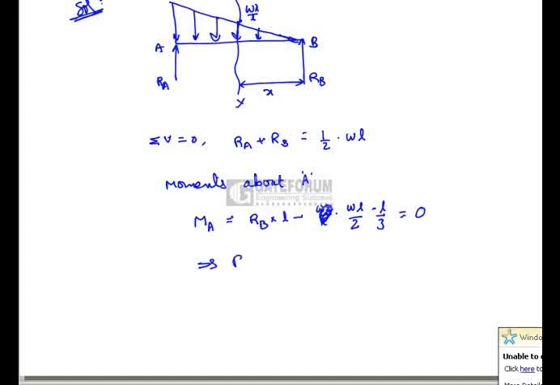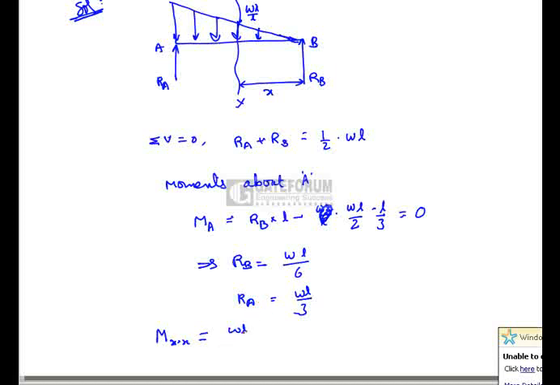Now RB is equal to WL by 6, and from these two equations RA plus RB is equal to WL by 2 and RB is equal to WL by 6, from these two we can find out RA is equal to WL by 3. So here we have the reactions RA and RB, that is WL by 3 and WL by 6. Now consider the moment at XX. At the section XX, consider the moment.